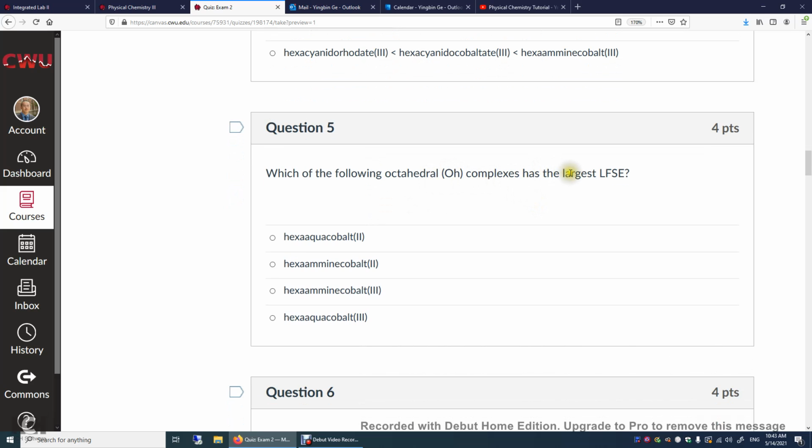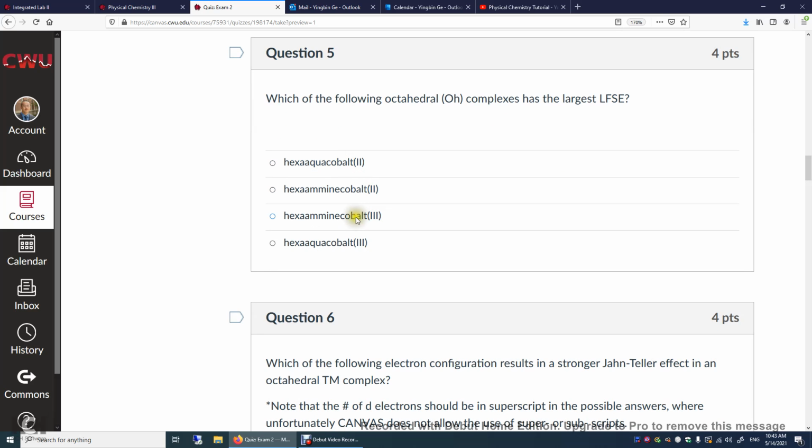Question 5. Find the complex with the largest LFSE. So cobalt, cobalt, cobalt, cobalt, right? But then look at the oxidation number. When we have a higher oxidation number, we have a stronger attraction between the metal and the ligands. Stronger overlap, larger LFSE. And then we compare amine and aqua. So amine is the stronger ligand.